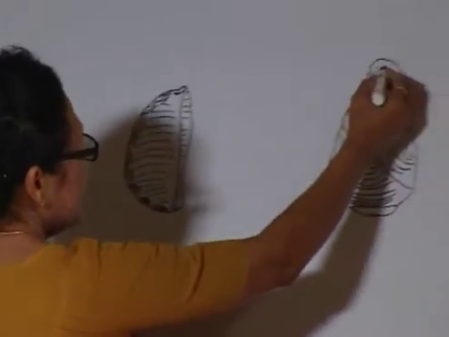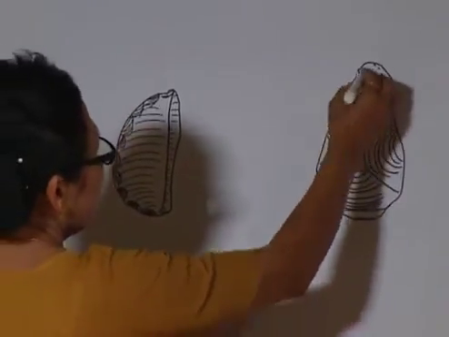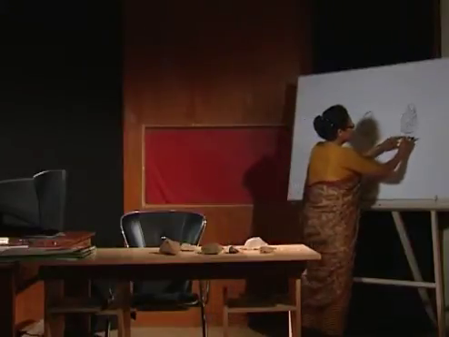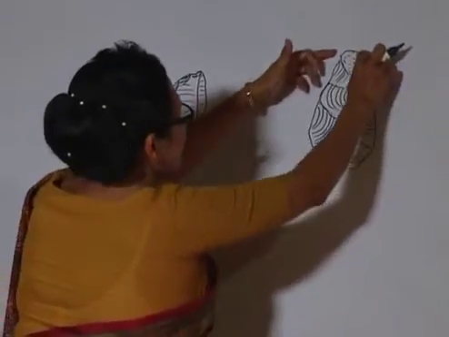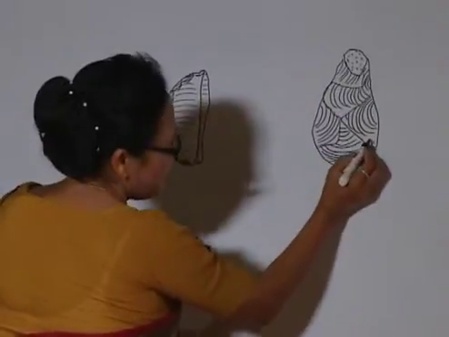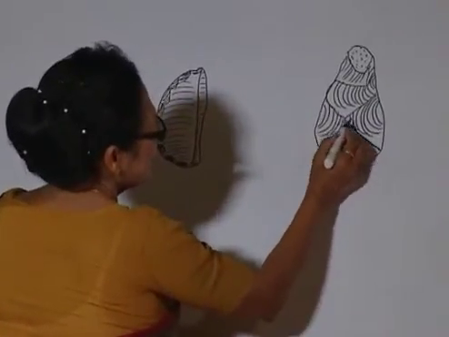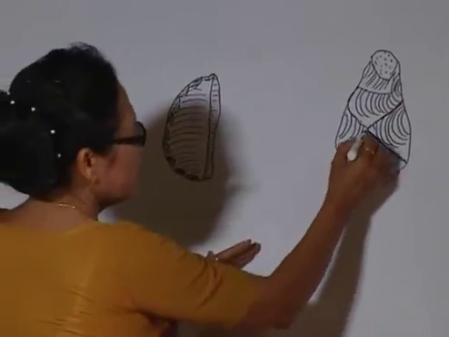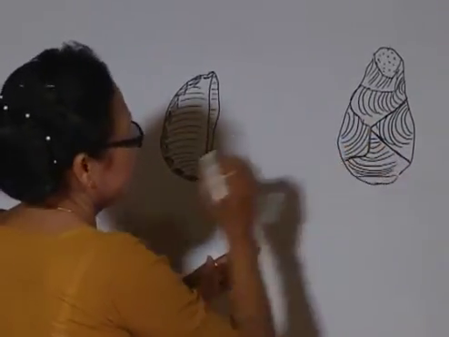And the cortex region is represented by dots. The boundary is represented by thick lines. Like this, it's also represented by thick lines. And not only the boundary, the arises, these are the arises or the elevated areas or the ridges, are also represented by thick lines.